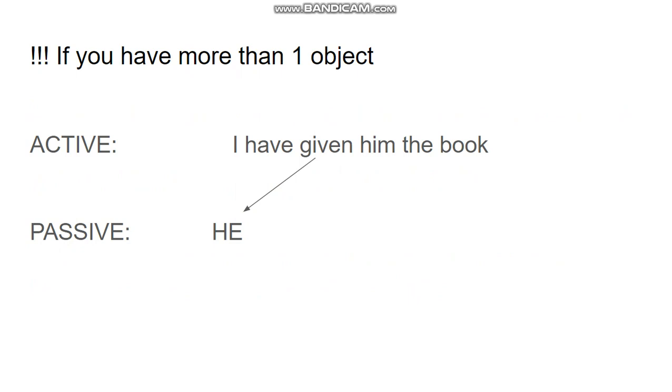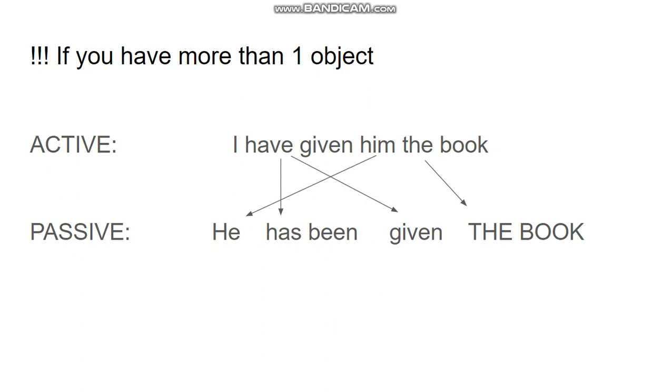All the rest is the same, apart from one thing. We have our verbs, have given, that's the present perfect of to be, has been. Given is our last verb, we need to have the past participle of given, easy, that is given. Then we've got the book, direct object remains the direct object here, it stays the same.